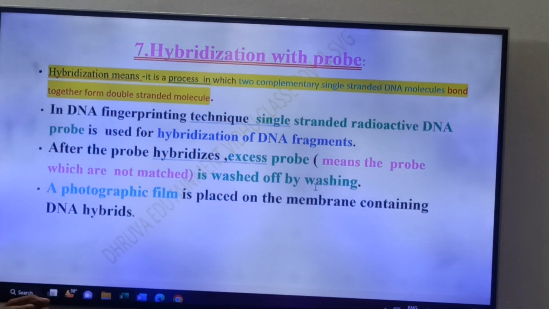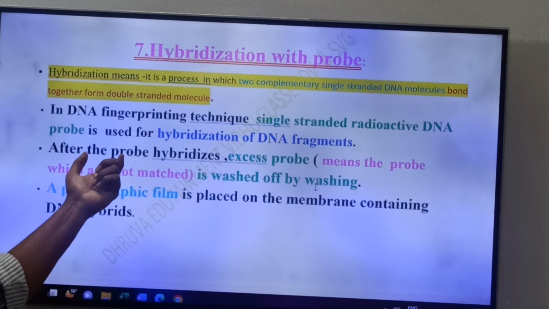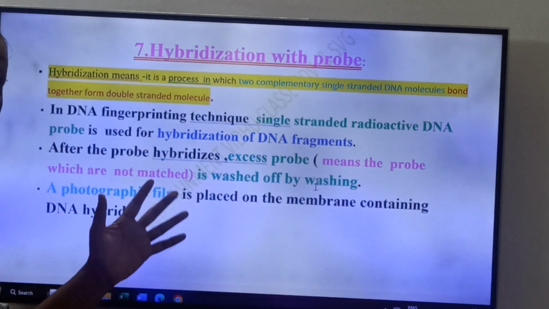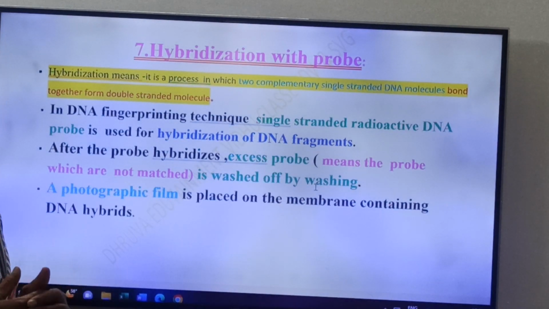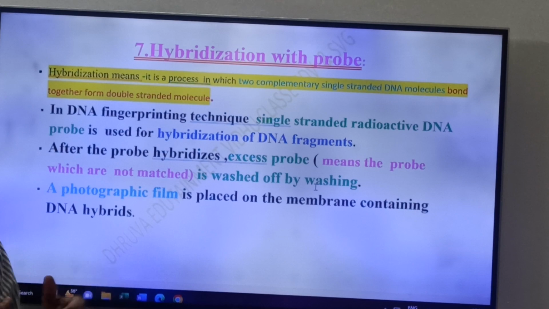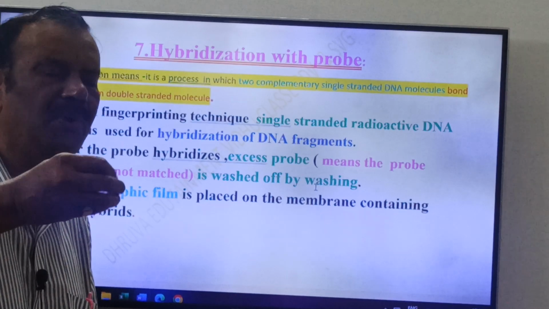In DNA fingerprinting technology, a single stranded radioactive DNA probe is used for hybridization of DNA fragments. Here we are using radioactive DNA probes or fluorescent DNA probes for hybridization. After the hybridization takes place, the excess probe, meaning the probe which is not matched, is washed off.